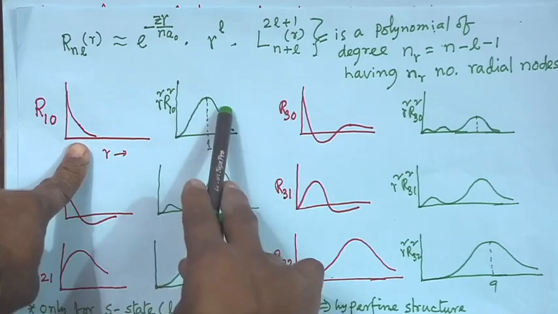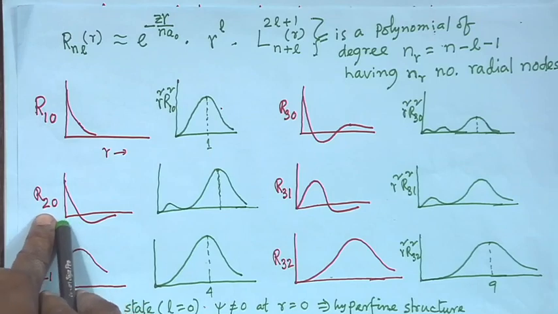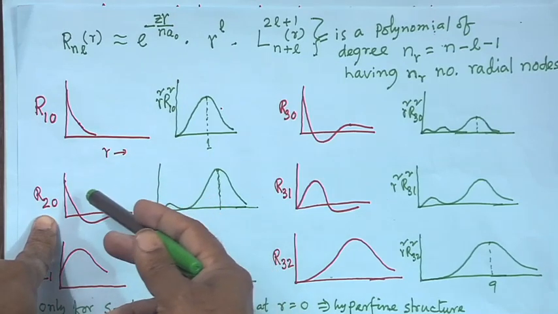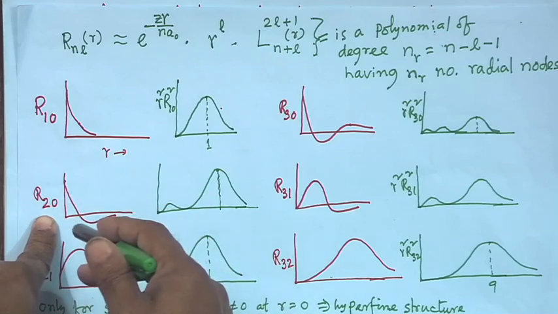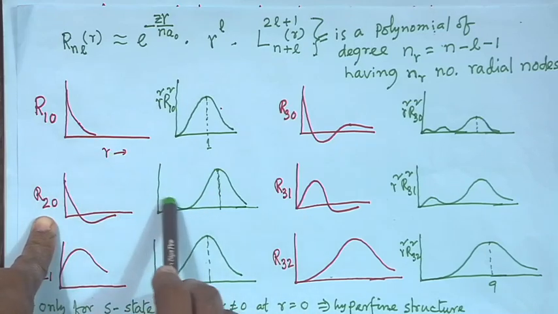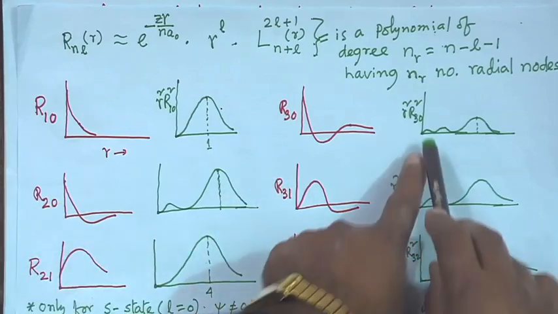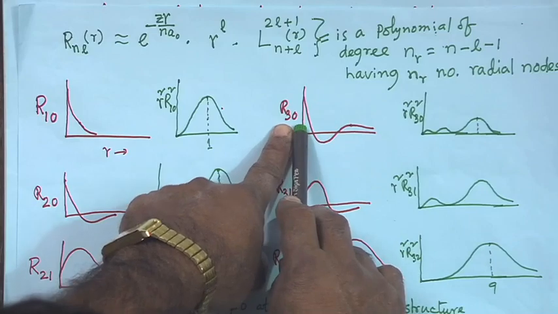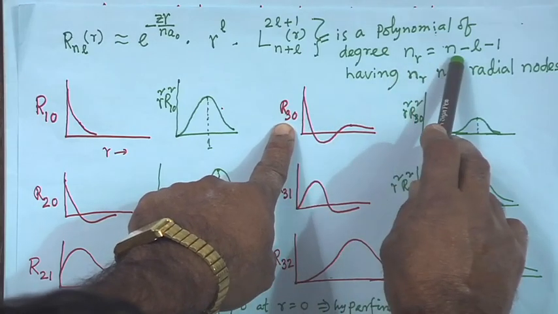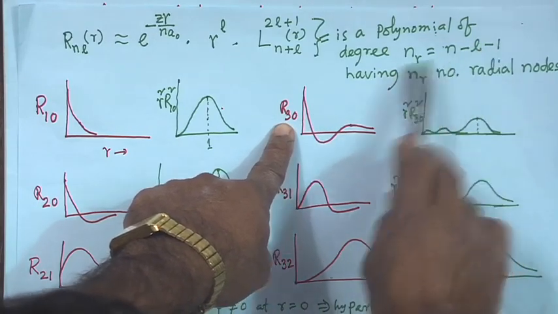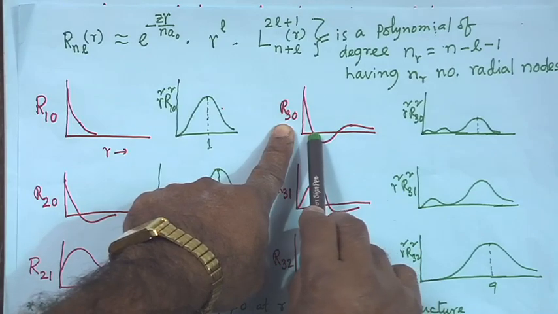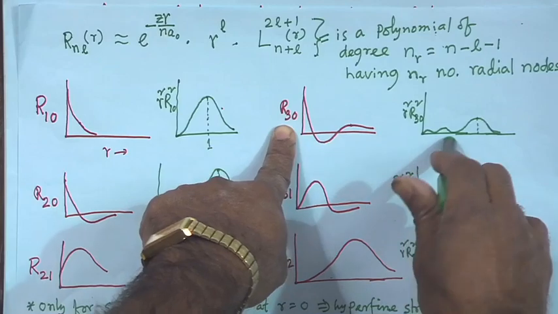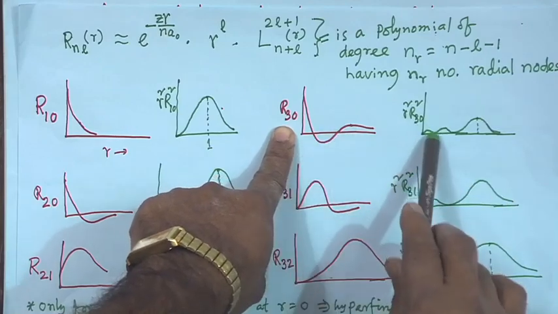In the next case n r is 1, so the nodal point is 1, but maxima will be n r plus 1, so 2. Here we are getting 2 maxima. In this case n r equal to 2, so 2 nodal points, and you will get 3 maxima because n r plus 1.